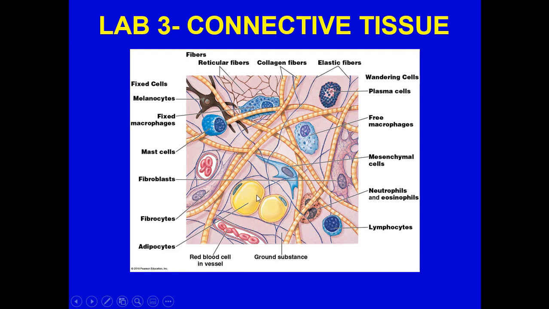Okay? You'll also find fibroblasts, which help to lay down some of these fibers, as well as you're going to find fixed macrophages. Fixed means that they stay permanently here. Free macrophages come and go. They may visit from the bloodstream and then leave afterwards. Plasma cells are another type of immune functioning cell.